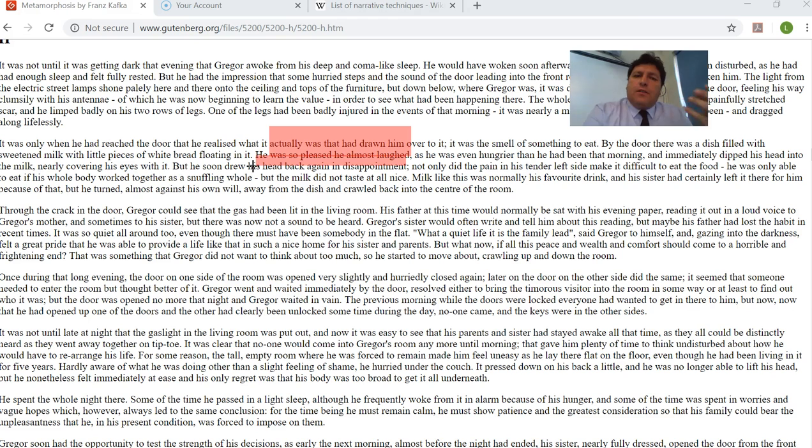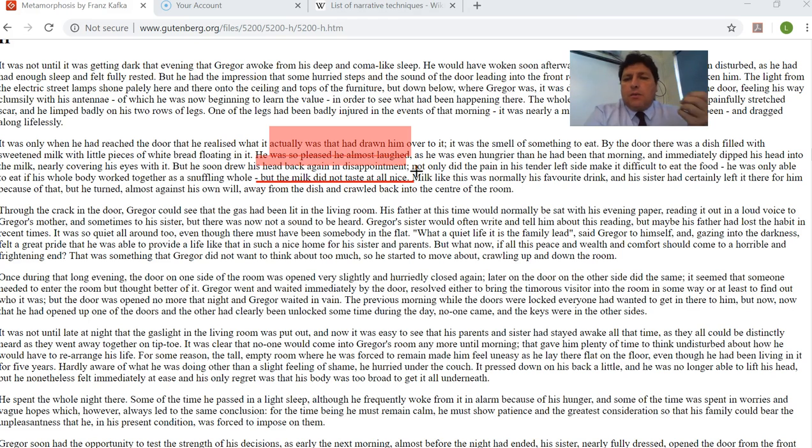He moves to the milk and he drinks it with relish, or he feels that he needs to do that. And then he of course finds that the milk is not to his liking. The milk did not taste at all nice.